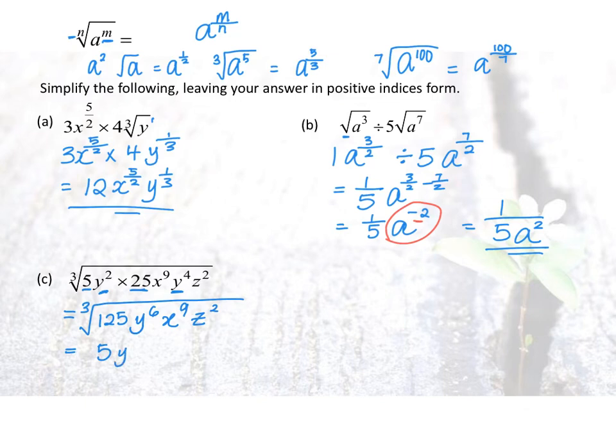I divide by 3, so I'll get 6 divided by 3, which is 2. x to the power of 9, if I take the cube root, the power becomes 9 divided by 3, x cubed. And z squared, what happens to the power when I take the cube root? I take the power 2 divided by 3. And this is all in positive indices form. So this is the final answer.